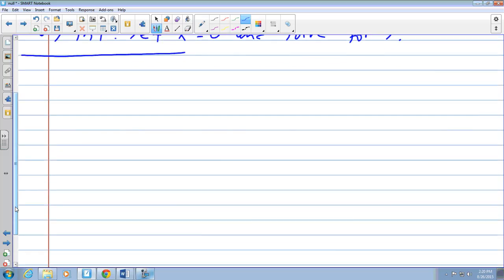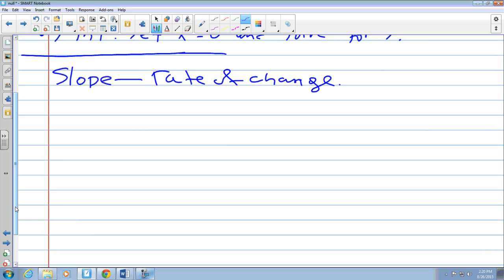Another interpretation of slope you need to keep in mind: slope is the rate of change. Slope tells us how fast the y value changes with respect to the change in the x value. It's a ratio of change in y to change in x. So if you get paid hourly, your hourly pay rate is the slope of your paycheck, whatever dollars per hour.